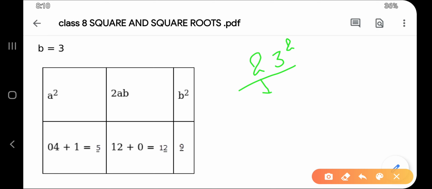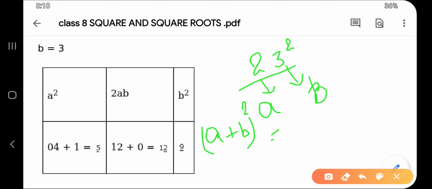Here a would be 2 and b would be 3. And remember, you have to use this formula: (a plus b) whole square equals a square plus 2ab plus b square.